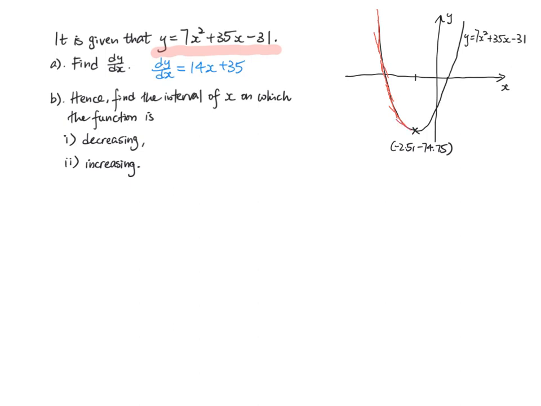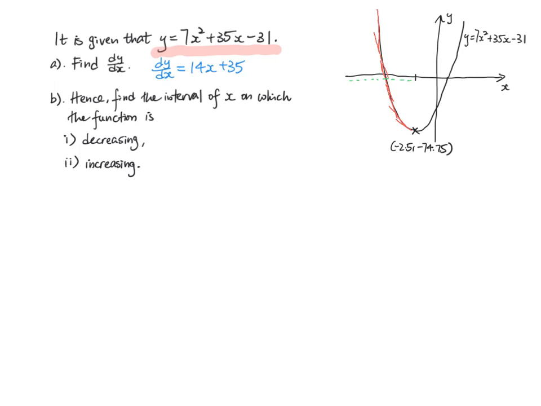Right? And so for these values of x in the derivative, it must be less than 0 all the way. These are all negatives up to when x equals negative 2.5.